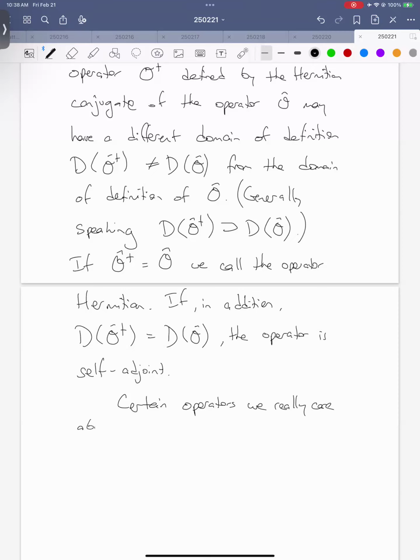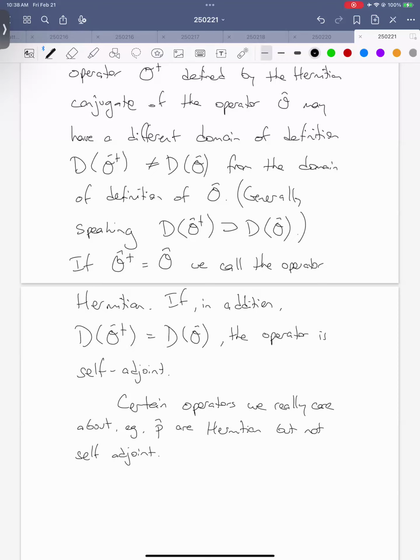So certain operators we really care about, such as the momentum operator, are Hermitian, but not self-adjoint. So what does that mean? It means that the momentum operator acting on a state in its domain of definition gives you some other state living in the Hilbert space.